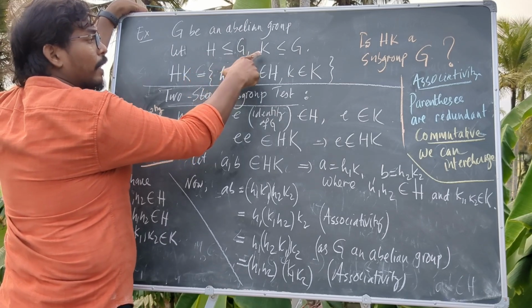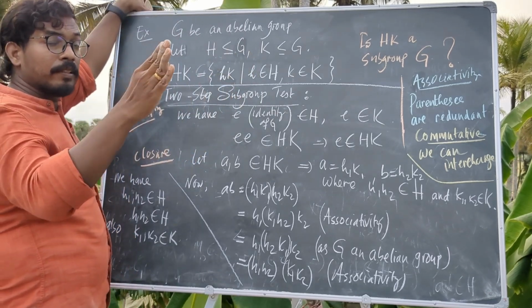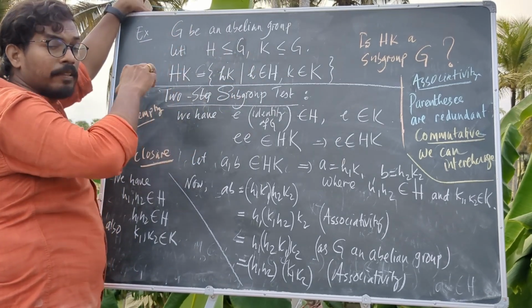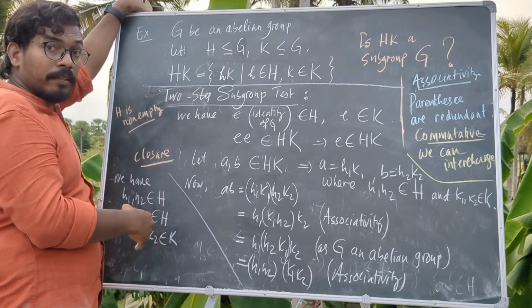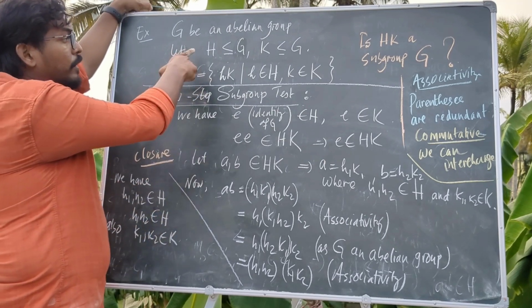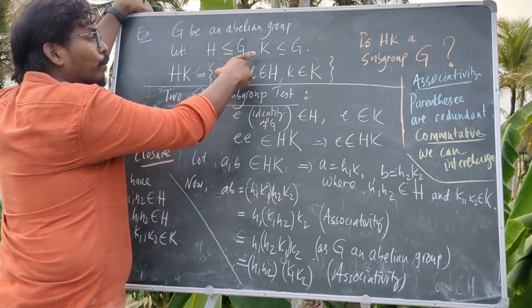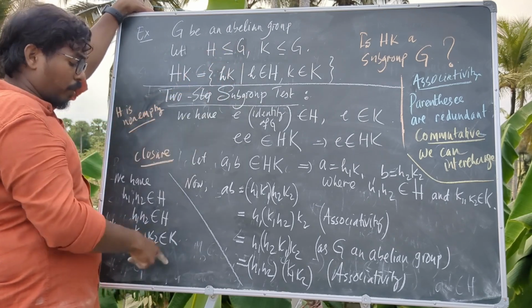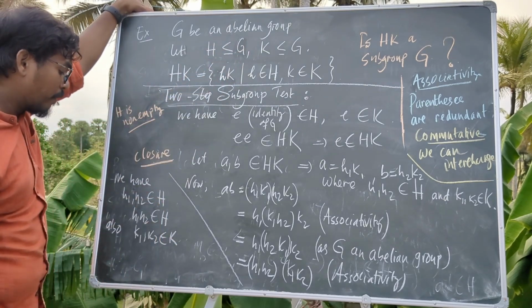If H and K are any subsets of the group G, then it may not work. So it is given that H is a subgroup and K is a subgroup. Those conditions we are also using.